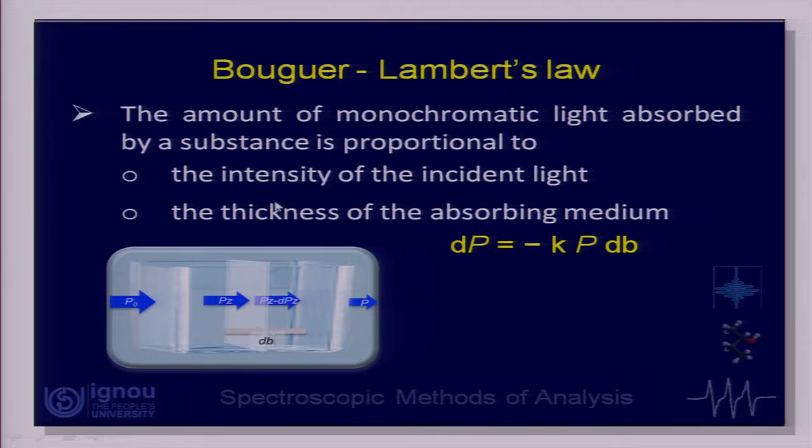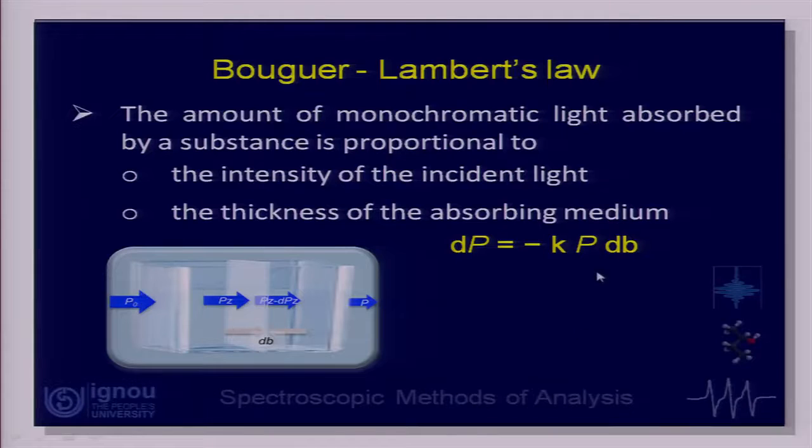So, how does this statement translate into a mathematical expression? It is something like this, that is, dP is the decrease in the intensity. That means you have a container like this. So, let us imagine this is a container I am talking about, radiation is coming here, P naught, and it comes out from here, P. Now, suppose within this container I have a small slice here. At this slice the incident radiation happens to be, say, some intensity Pz.